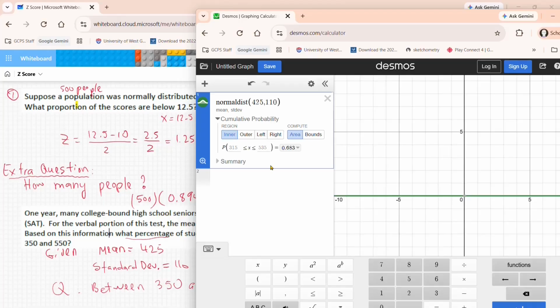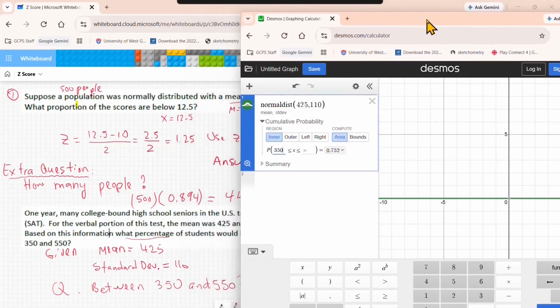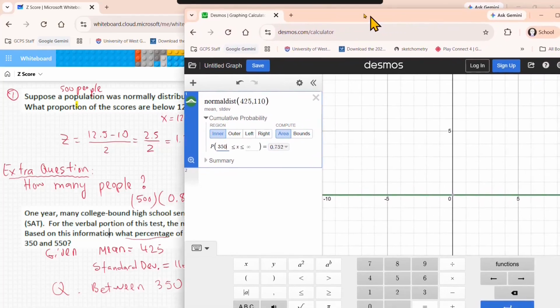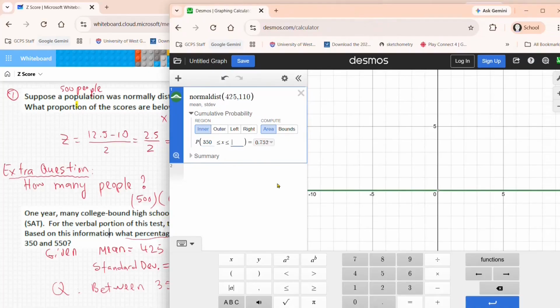Now we want this in between, so it's going to be inner. Inner means inside the two numbers. So the number on the left is 350, and the number on the right-hand side is 550. So the answer to this question is 0.624.